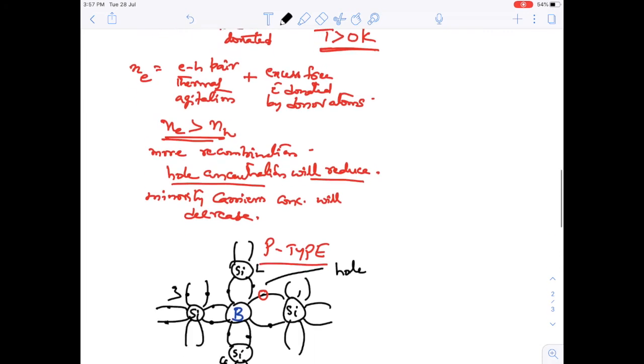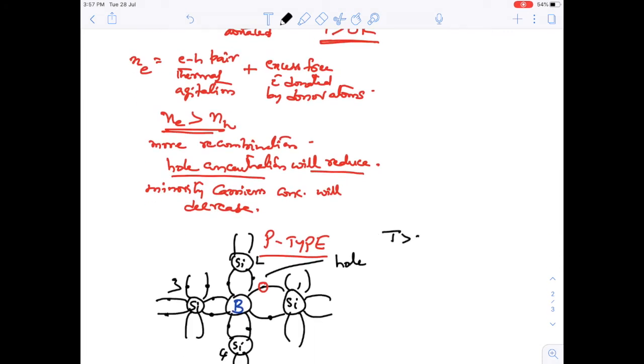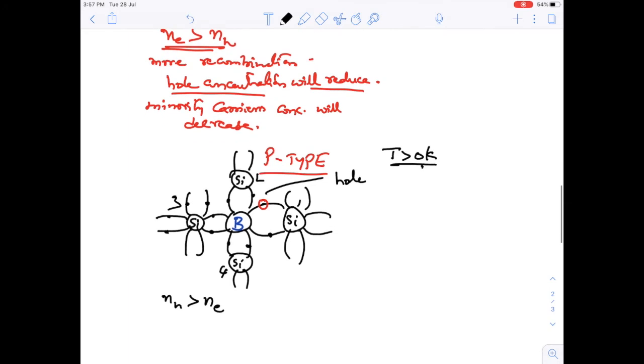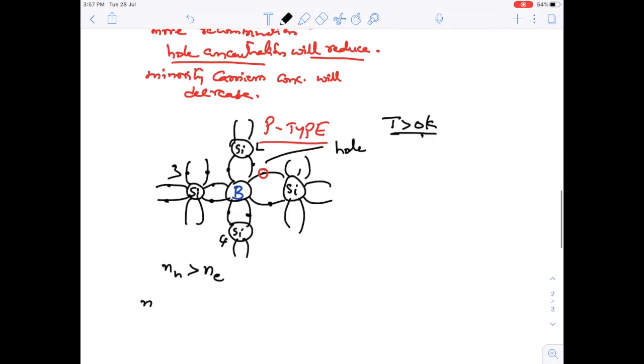Now, again this is all at T greater than 0 Kelvin that we are discussing. Because of the thermal energy, NH will be equal to electron-hole pairs generated due to thermal agitation or thermal energy as the temperature is increasing, plus holes from acceptor atoms.